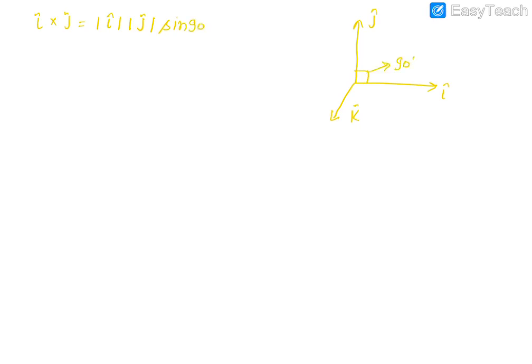So sine 90. Now again, n cap. What is the n cap? The direction perpendicular to the plane of i cap and j cap, right? So between i cap and j cap, the perpendicular direction is k cap, right? This one only. So k cap.